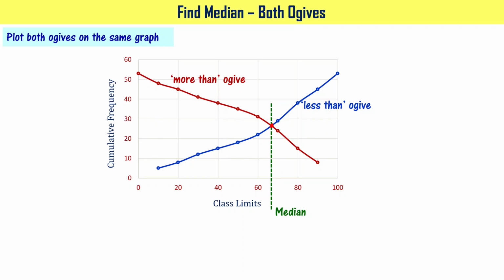And that particular line cuts the x-axis at this point, that is 66.4. That is the median. Now you learned how to obtain the median from the frequency distribution data given, and when you plot them, you call them ogives, and using those ogives you are able to get the median, right?